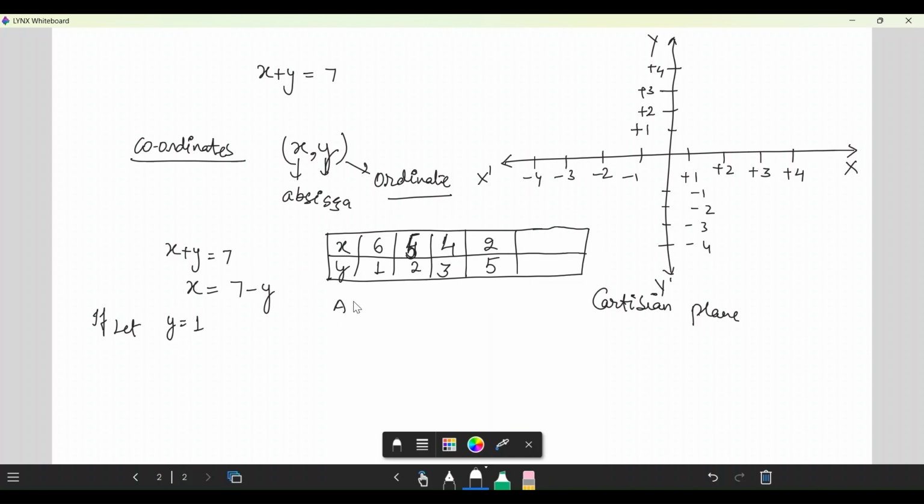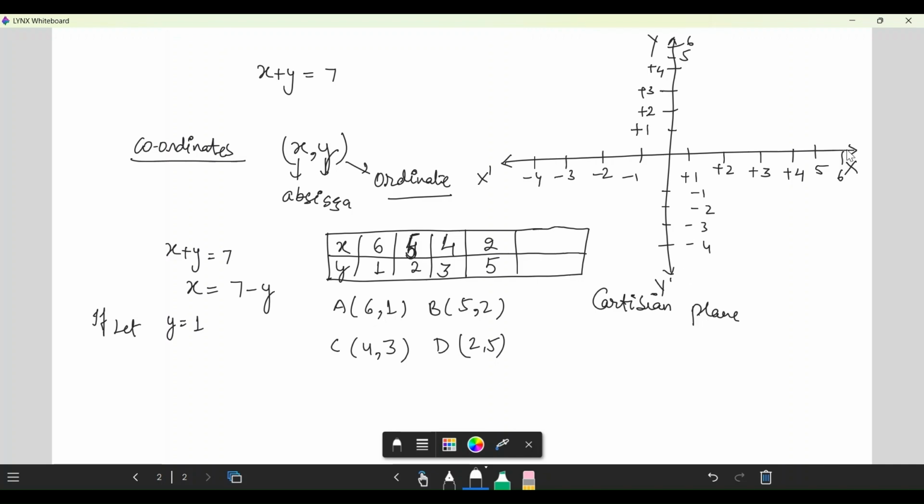So what I get: point A 6 comma 1, B 5 comma 2, C 4 comma 3, and D 2 comma 5. I put a little bit more numbers here, 5 and 6, and here 5 and 6. If I make the graph, I want to put the coordinates on the Cartesian plane.